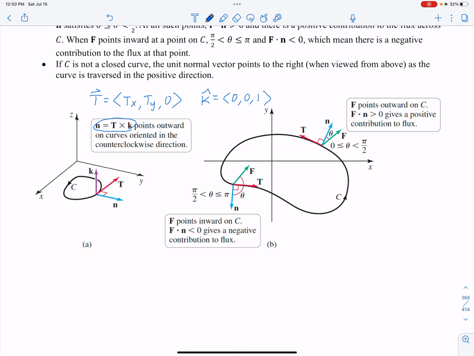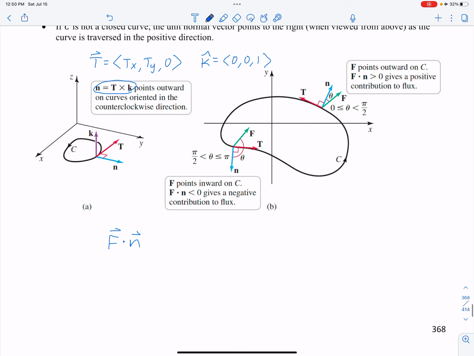Now, a couple other things. We talked a whole lot about taking this vector field and dotting it with this n, and I want you to notice a couple things. If the angle between them is between 0 and pi over 2, then this dot product, if you remember from doing dot products, will be greater than 0. The vectors work together; that's why it's positive.